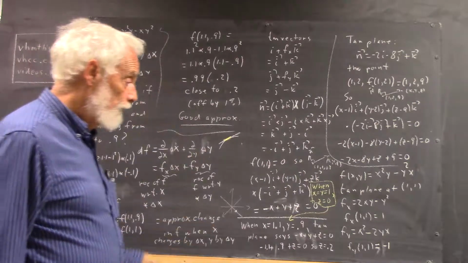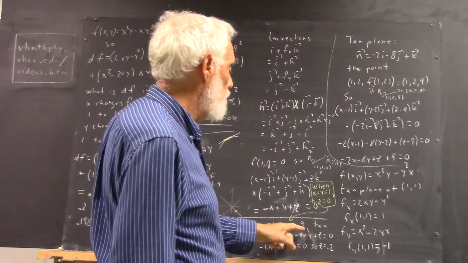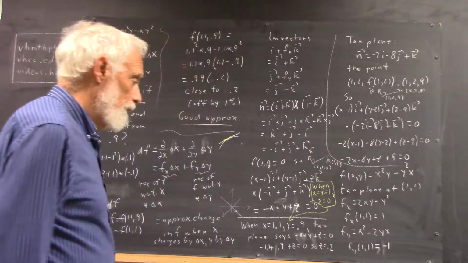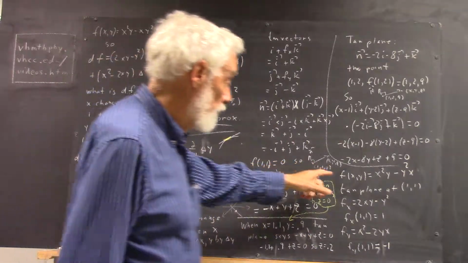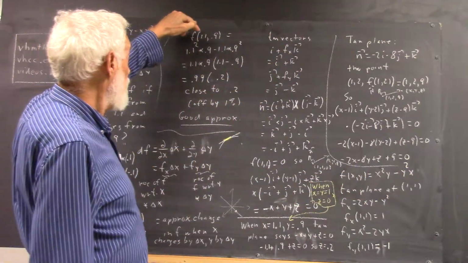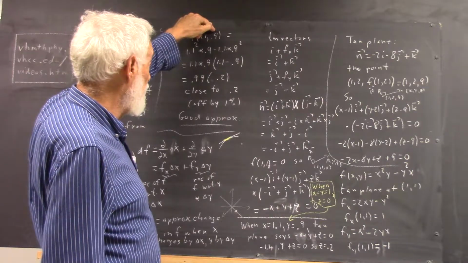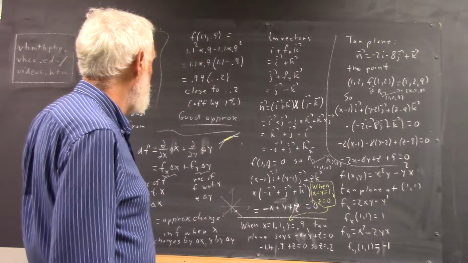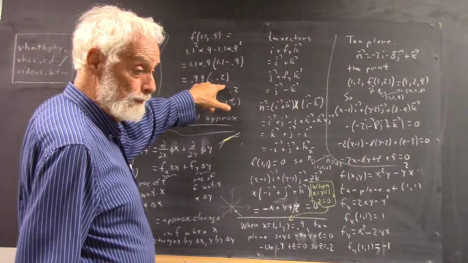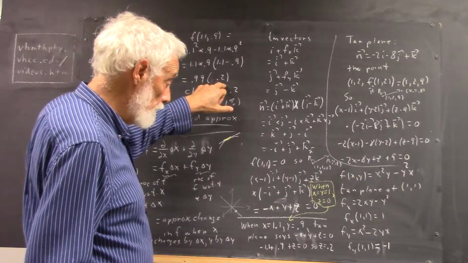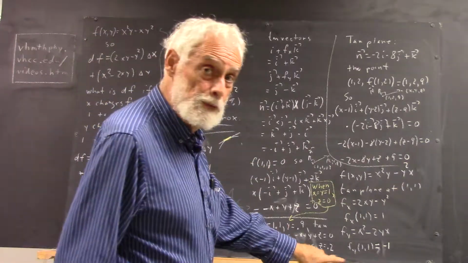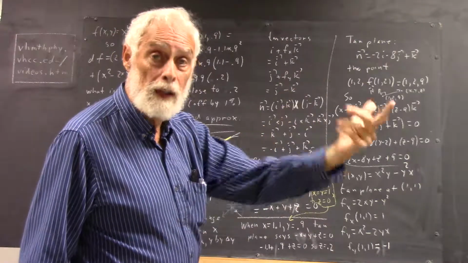So, on the tangent plane, we find that if x is 1.1 and y is 0.9, z is 0.2. Let's see what the actual function, this more complex function, tells us. Well, if x is 1.1 and y is 0.9, we do the evaluation, and we get 0.99 times 0.2, which is 99% of 0.2, so this approximation differs from this one by only about 1% of the actual value.